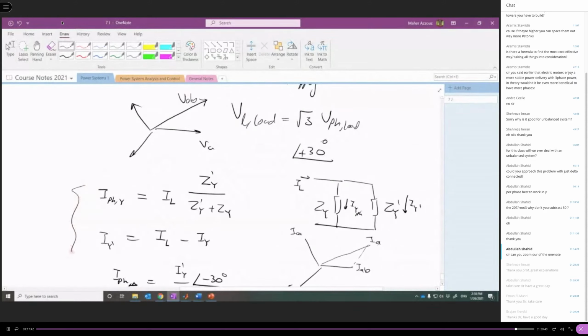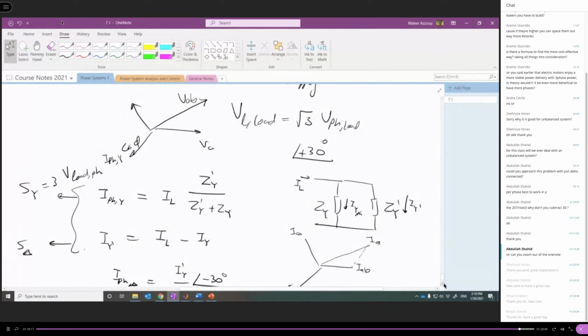Again, these two components allow us to get S star and S delta. We can use these two currents to get S star, I mean the total power consumed by the first load, the star connected load. So it is 3 V load, V phase load, times I phase star cosine the angle difference.